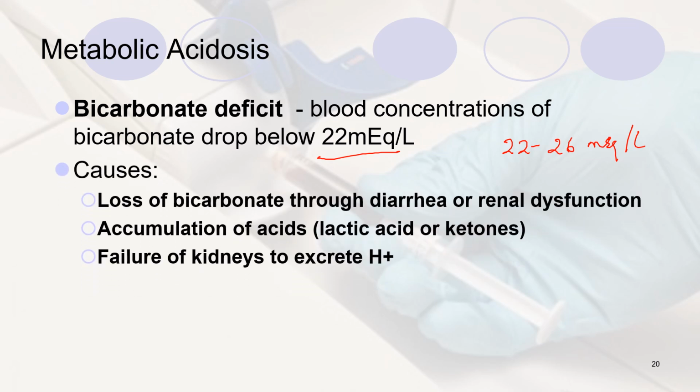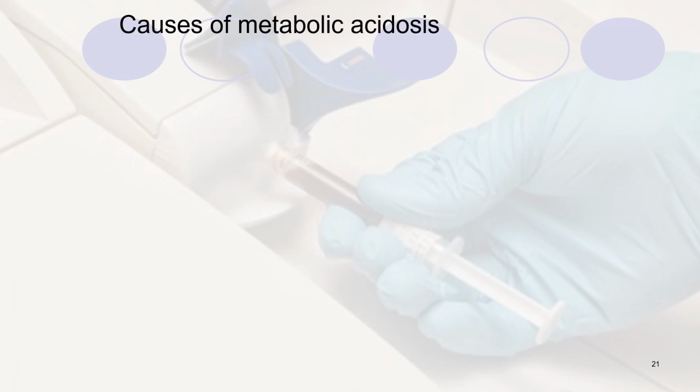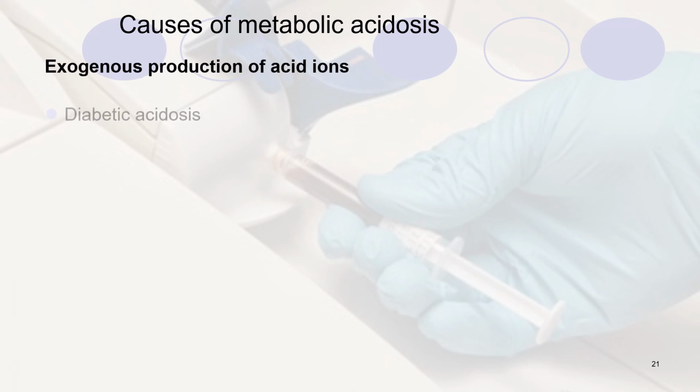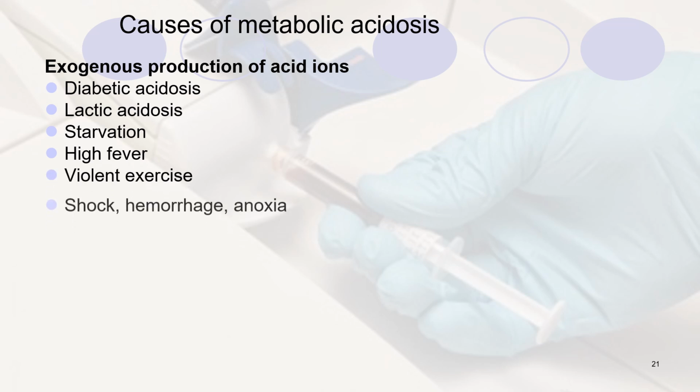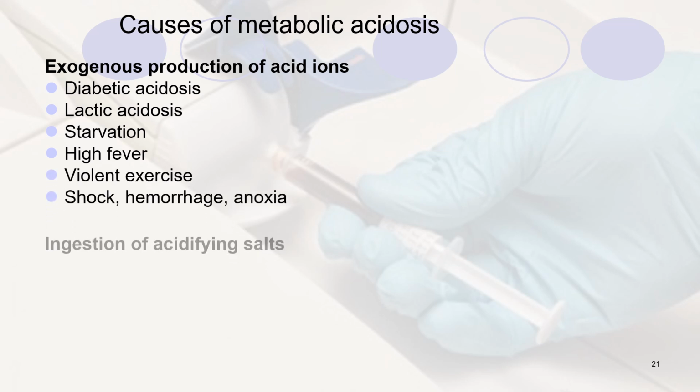The main causes are loss of bicarbonate through diarrhea or renal dysfunction, accumulation of acids, that is lactic acid or ketones, and failure of the kidney to excrete H plus ions. Then major causes are exogenous production of acid ions, especially in diabetic acidosis, lactic acidosis, starvation, high fever, violent exercise, shock, hemorrhage, anoxia.